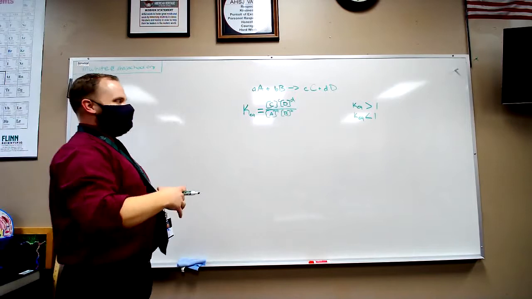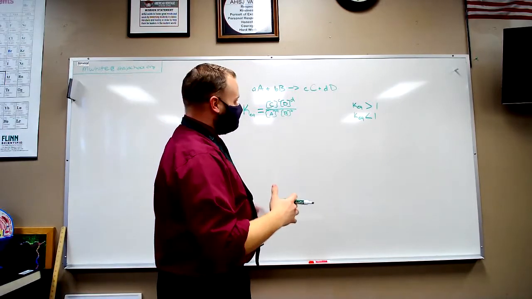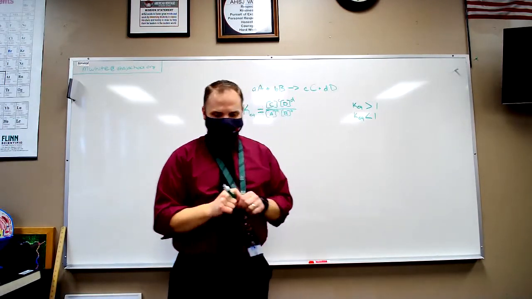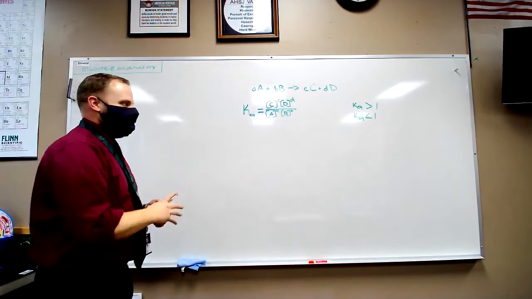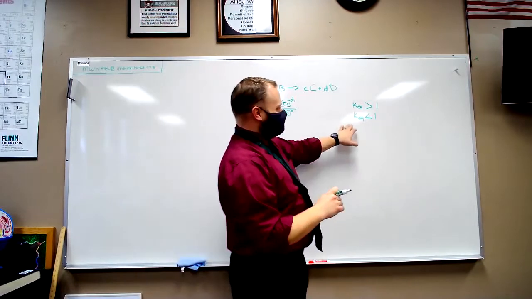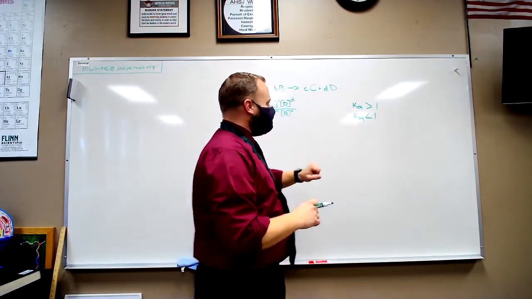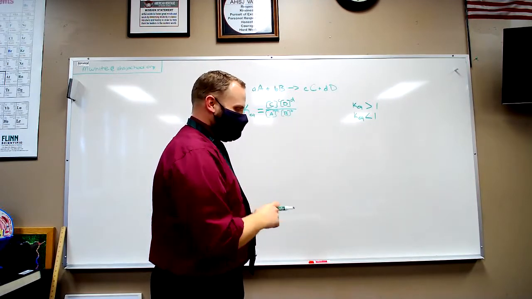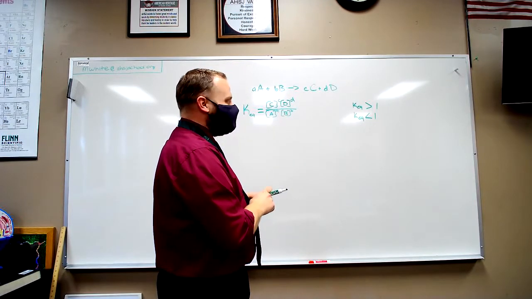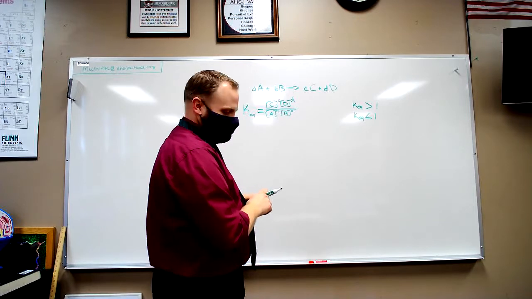If your K value is large, it means lots and lots of product. You mix these things and they really just want to react. If your K value is low, that means you mix these things, and at least under the conditions that we've measured this, you're not getting very much. Okay.